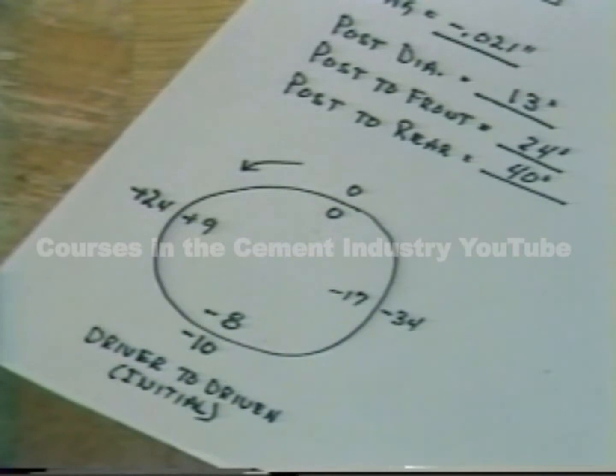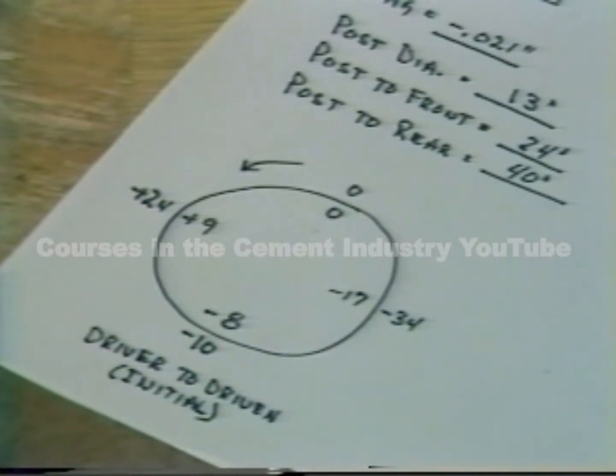Starting with parallel, the top to bottom sum is 0 plus negative 10, or negative 10 thousandths of an inch. The side to side is positive 24 plus negative 34, or negative 10 thousandths of an inch. So the parallel readings are valid.